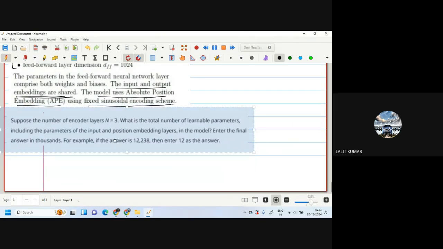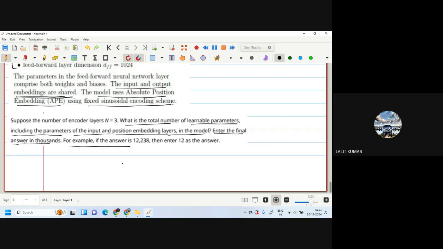Suppose the number of encoder layers is n equal to 3. What is the total number of learnable parameters, including the parameters of the input and position embedding layers in the model? Enter the final answer in thousands.